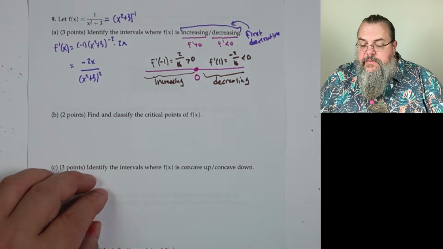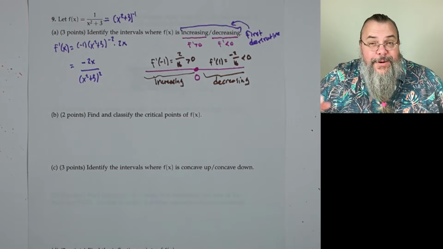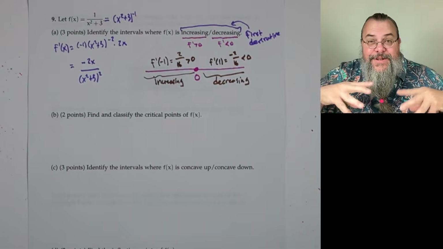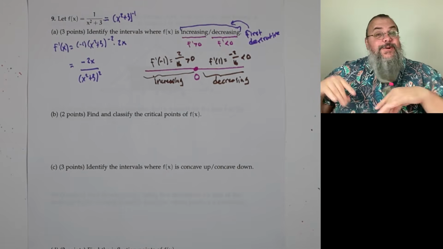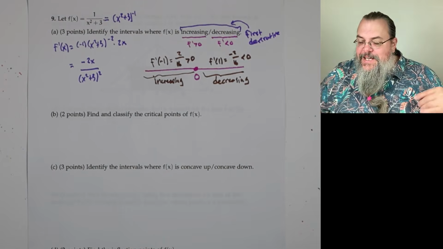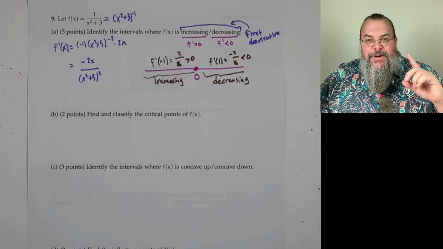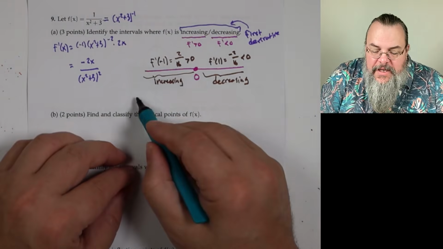But they want intervals. And here is where I'm going to say something controversial, because I know there are members of the faculty who disagree with what I'm about to say. The good news is you'll get points either way. So where are we increasing?